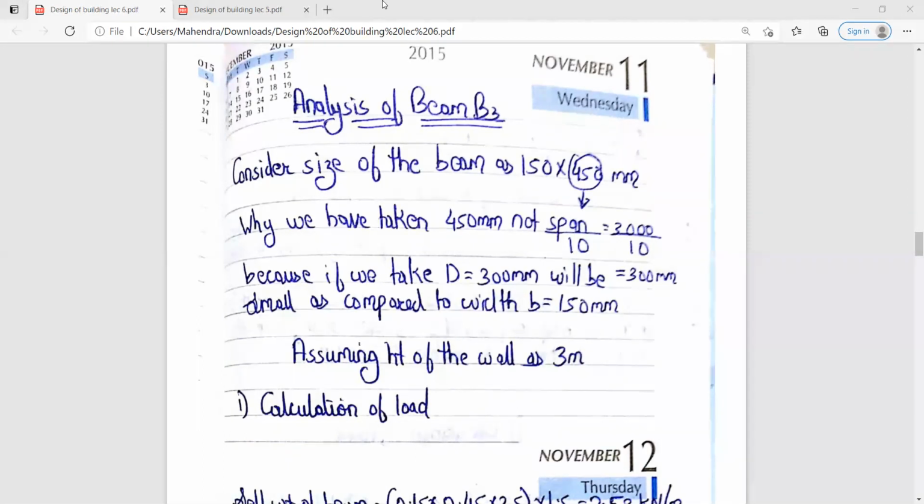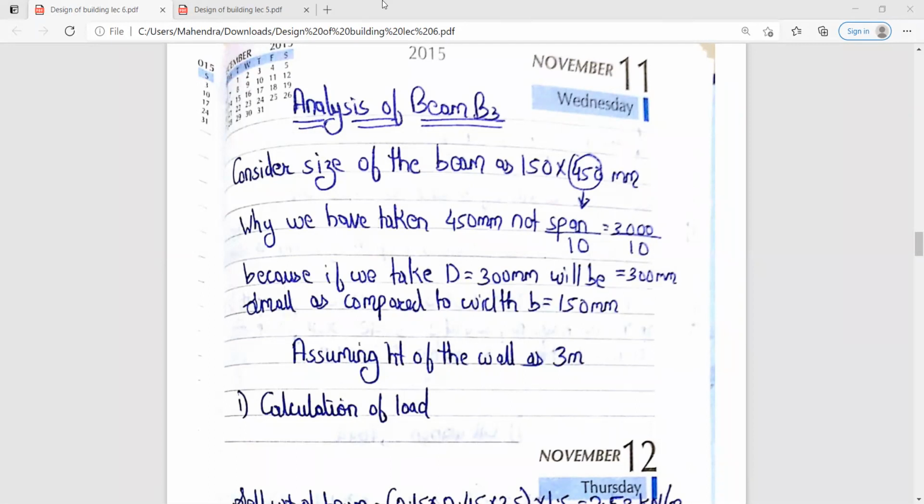So our beam B3 total span is 3000. So 3000 by 10 comes to 300 mm. But if we took 300 mm, it would be smaller as compared to the width 150. So that's why we are going to consider the depth as 450 mm. So you have to consider the size of the beam as 150 by 450.